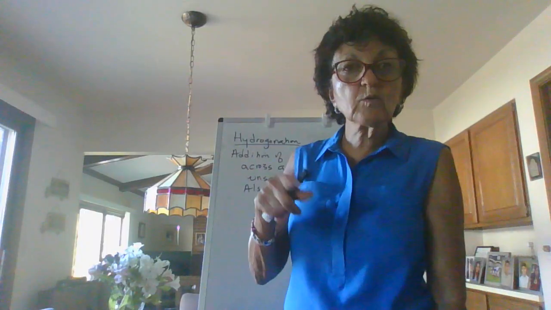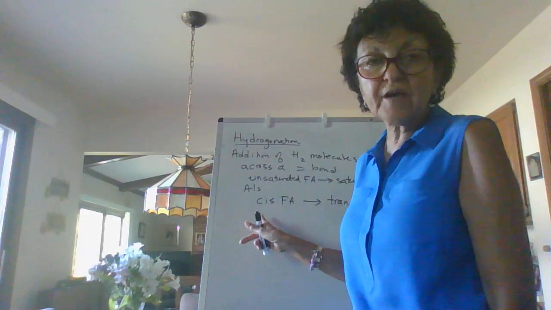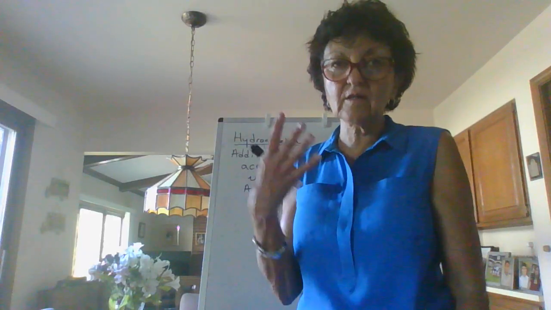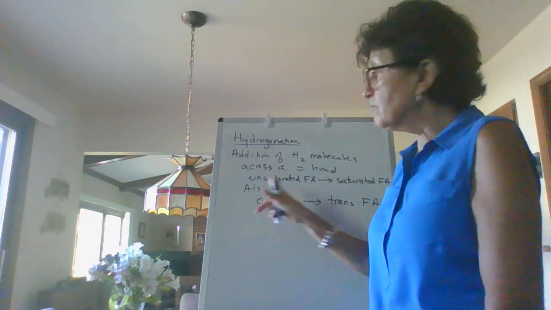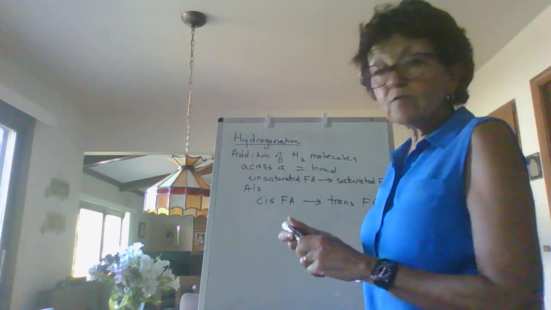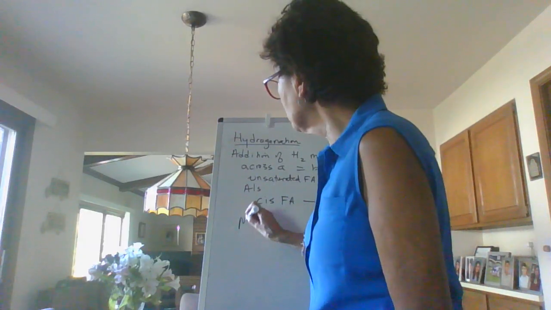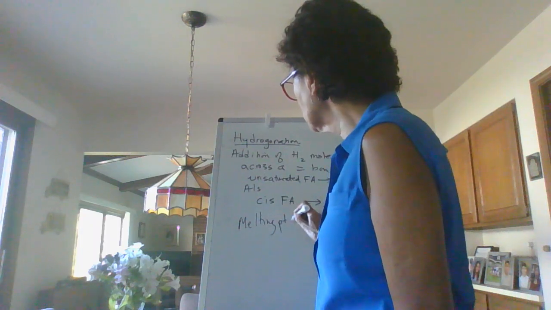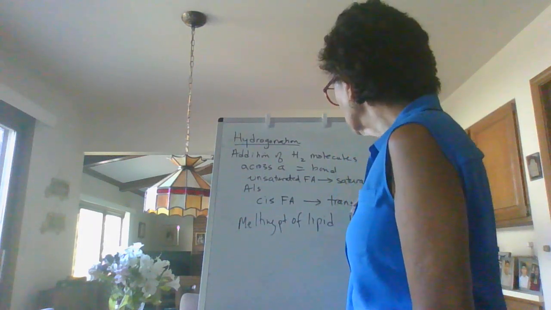Or sometimes what it will do, and this is something new, it will turn a cis fatty acid, and most of the fatty acids that are unsaturated are cis, and I'll show you what that means, into a trans fatty acid. Bottom line, the net result of hydrogenation is that the melting point of the lipid goes up.